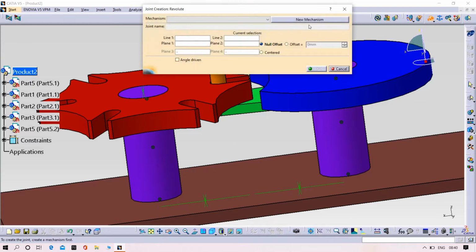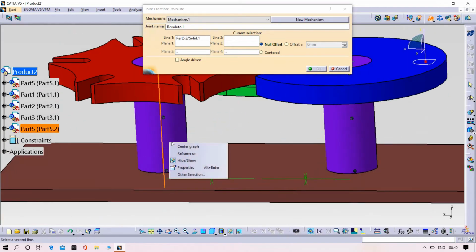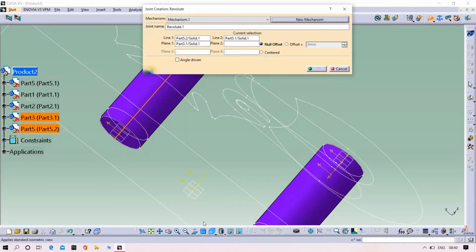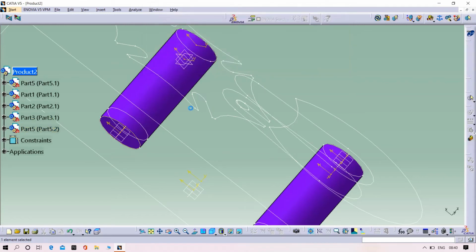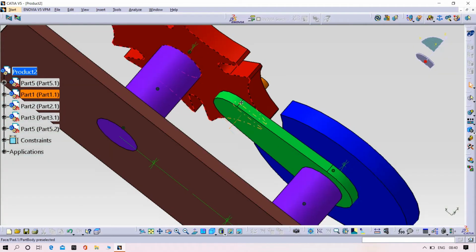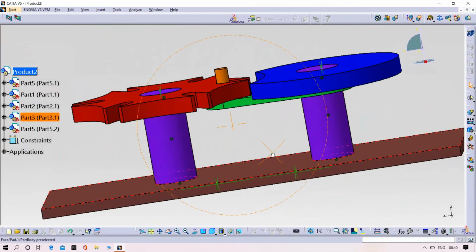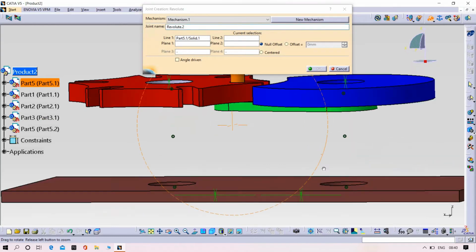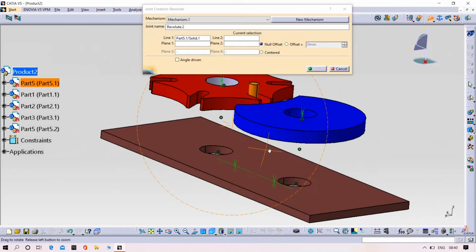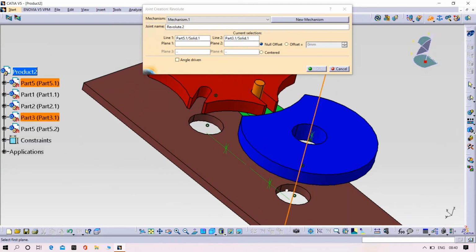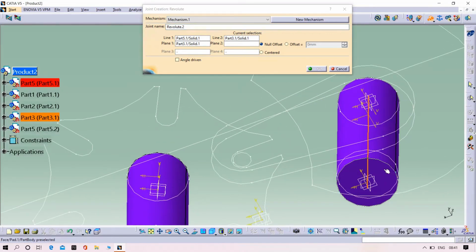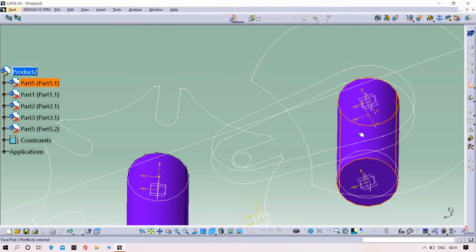Give the revolute joints for the shafts. Click OK.